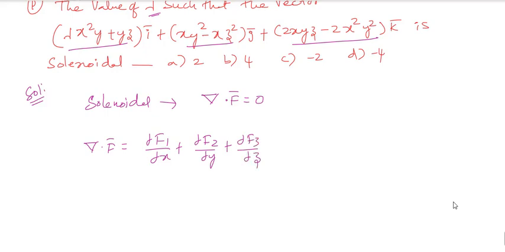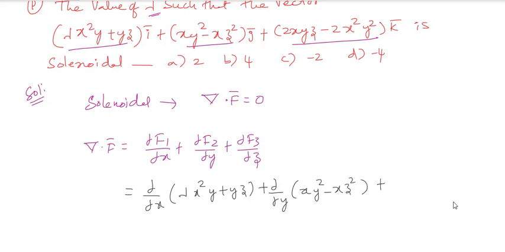So try to solve it. Substitute: dou by dou x of (lambda x square y plus yz), plus dou by dou y of (x y square minus x z square), plus dou by dou z of (2xyz minus 2x square y square).